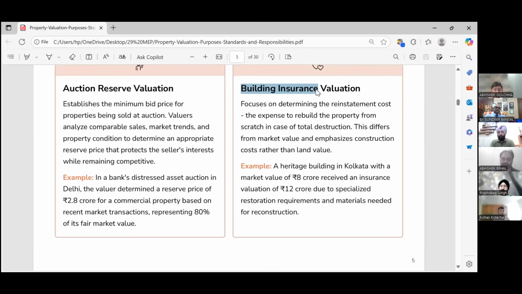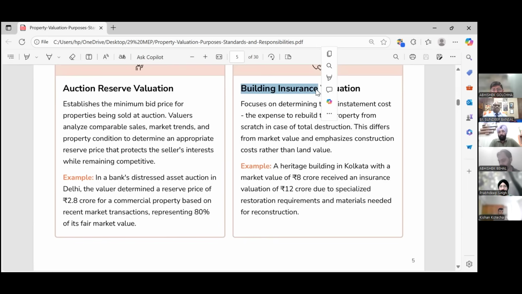Basically, in case of insurance, the things which may be destroyed due to fire, natural hazards, etc., are insured. So even in the building part, you will be taking only the superstructure, not the substructure, meaning foundation, etc., which cannot be affected by fire.